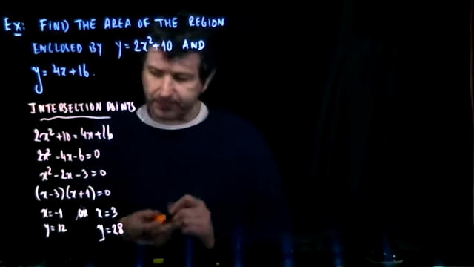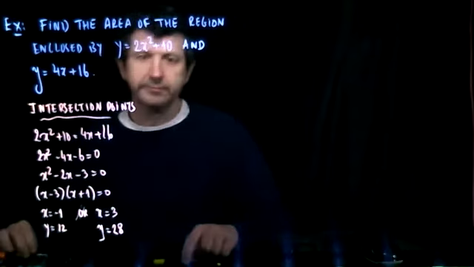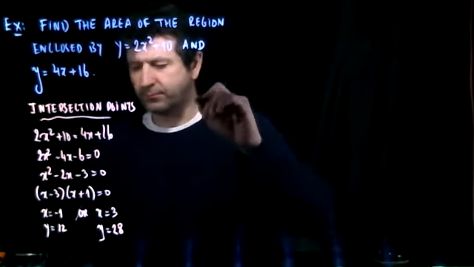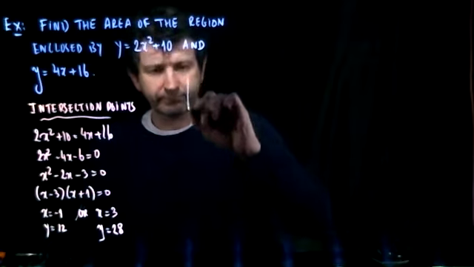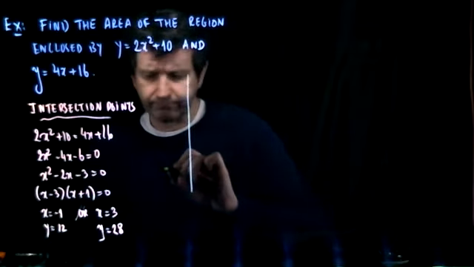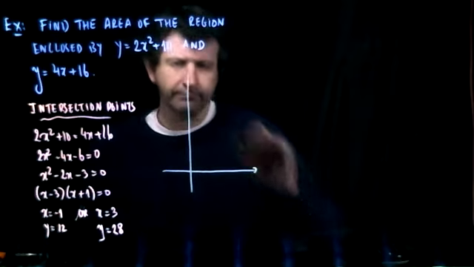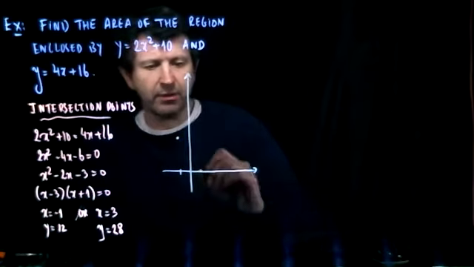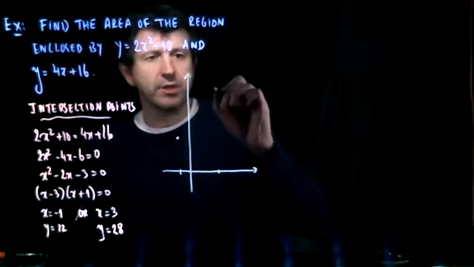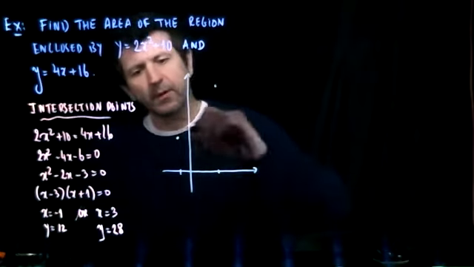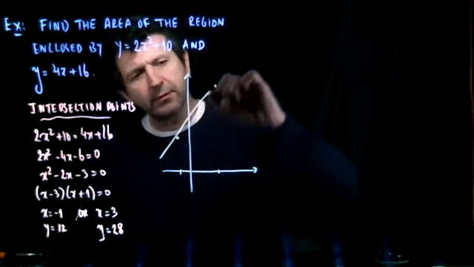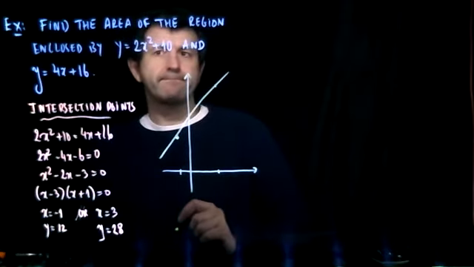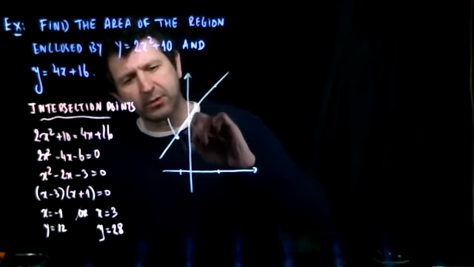Okay, so let's draw. So -1 and let's say 12 somewhere here, and then 3 and 28 somewhere here. Straight line. And I have a parabola that's open upwards. So I think it looks something like this.